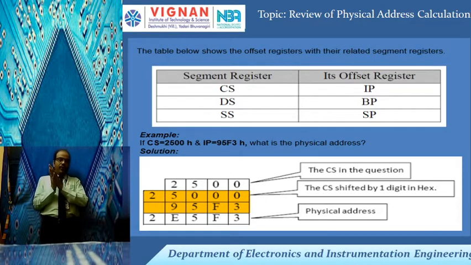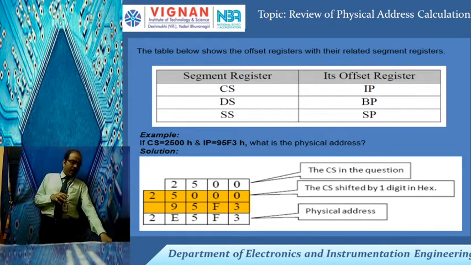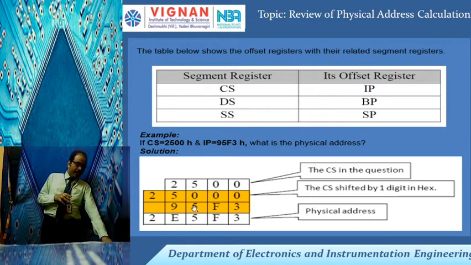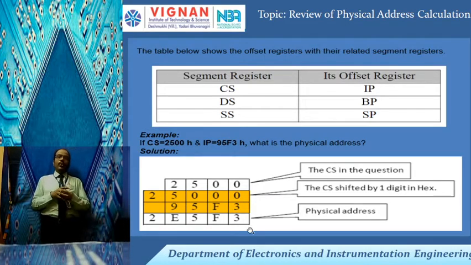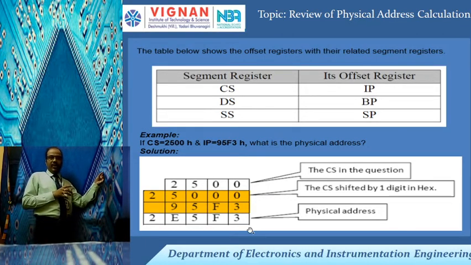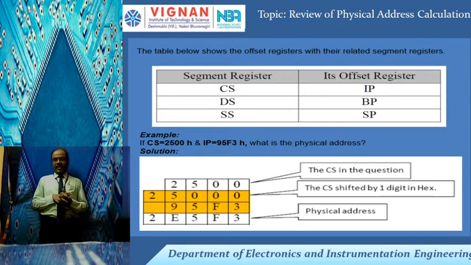If you shift by 1 hexadecimal digit, 2500 becomes 25000. This result should be added to the offset address. Here the offset address, that is IP, contains 95F3. After adding, we finally get 2EF3H, that is the physical address.